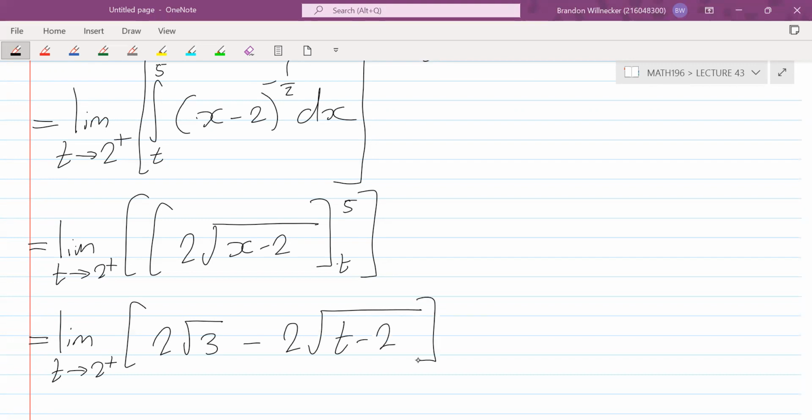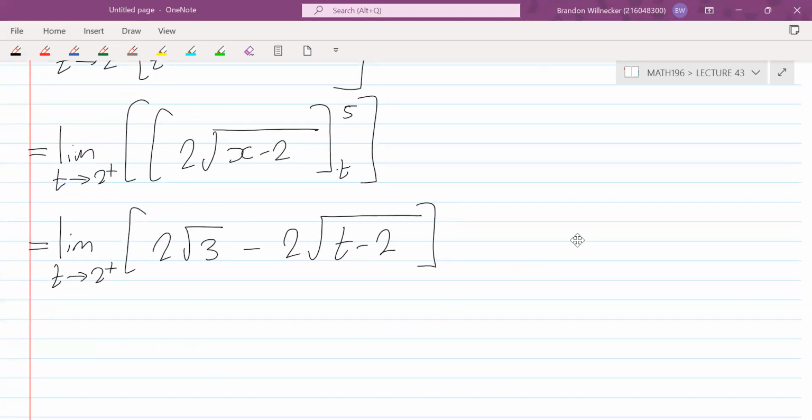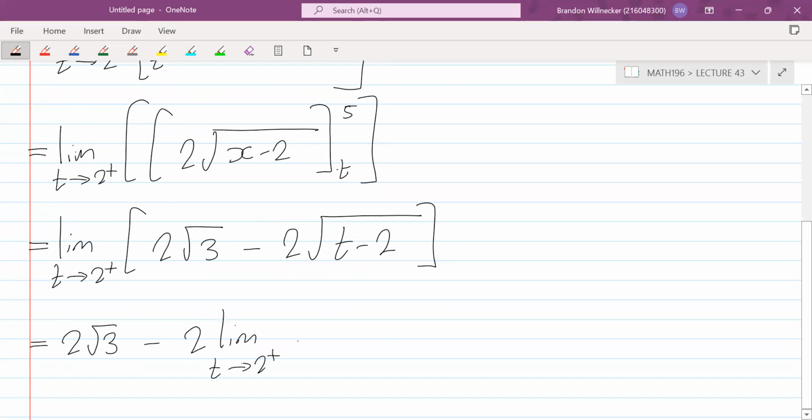So we need to take this limit now. The first term here is a constant, so the limit doesn't care about that. This is going to be 2 root 3 minus 2 times the limit as t approaches 2 plus of the square root of t minus 2. Now, this expression over here is continuous.